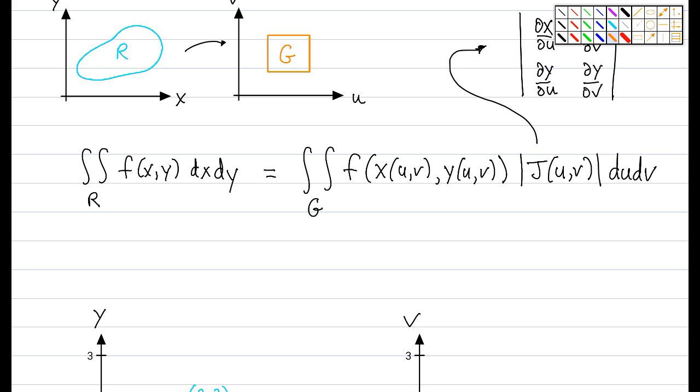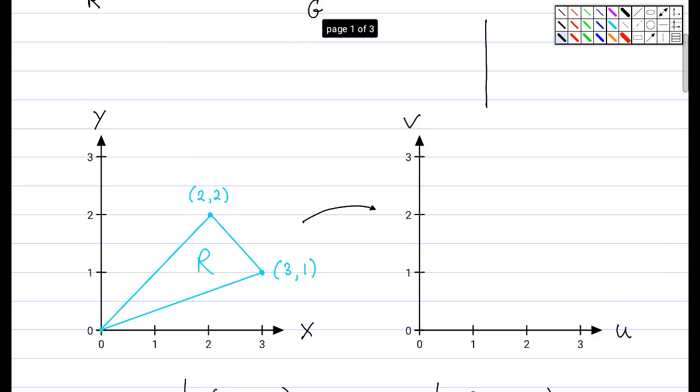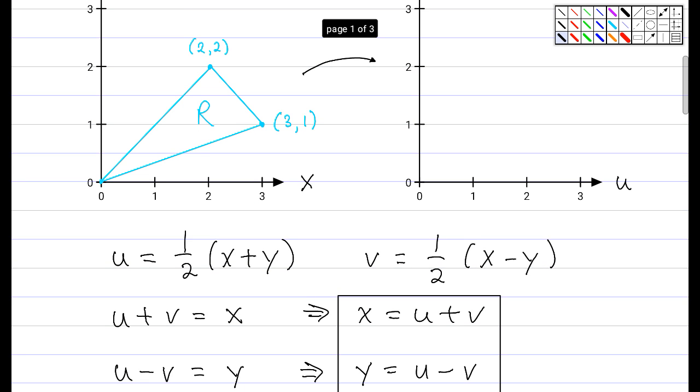Here's the Jacobian. It's going to be the determinant of dx du. Now, if you remember, x is u plus v, so dx du is 1, and dx dv is 1.